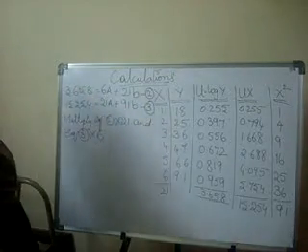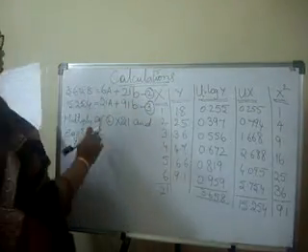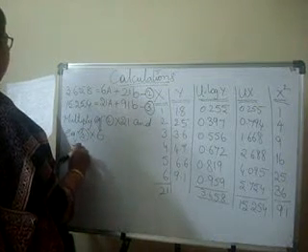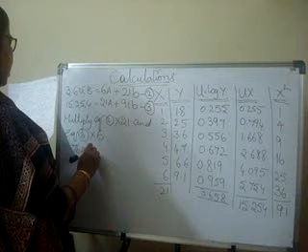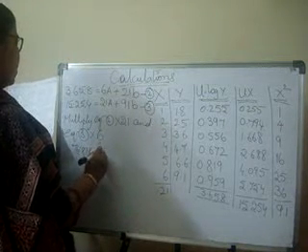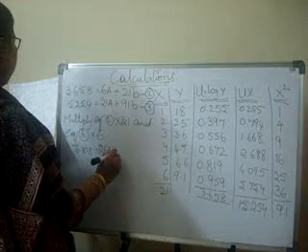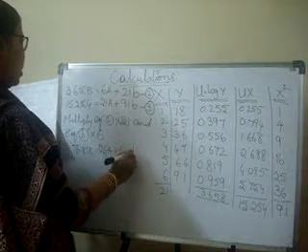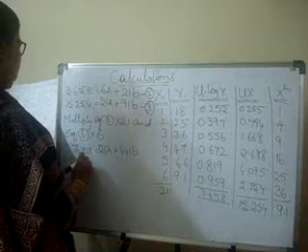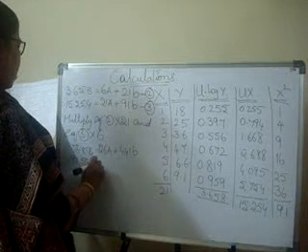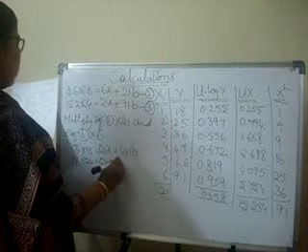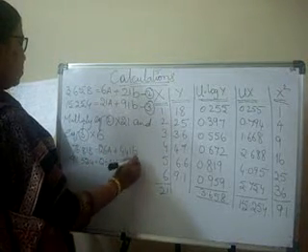Now the terms will be 76.818 equals 126A plus 441B, and here it is 91.524 equals 126A plus 546B.